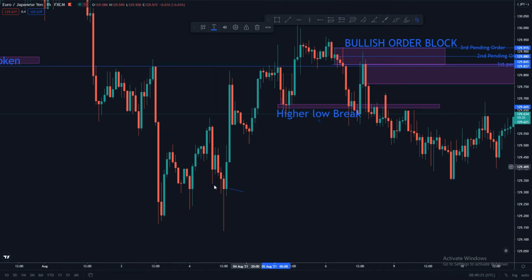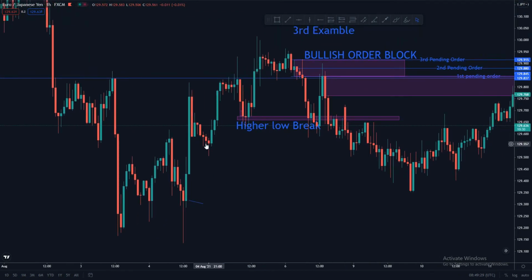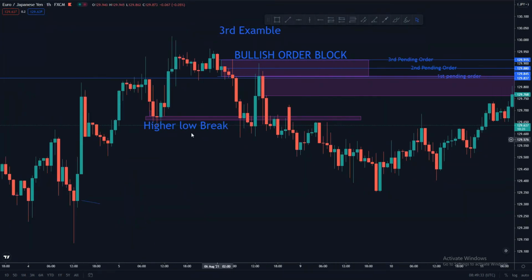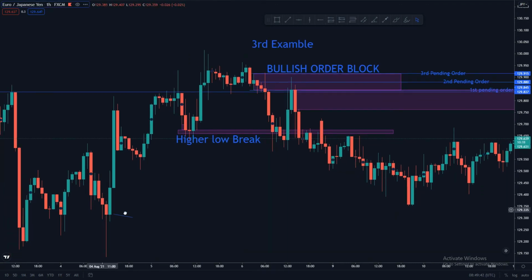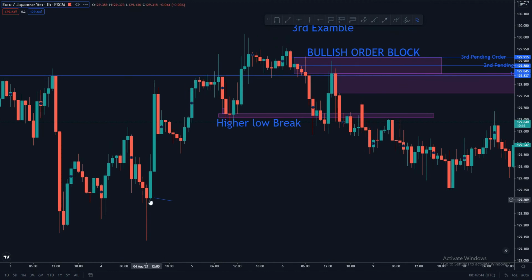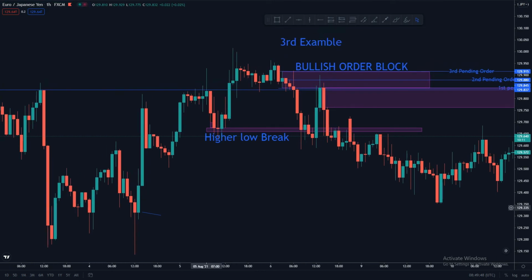And here again we are still waiting for this level to be broken for us to go down. As you can see here, nothing happened. This one did not break, this one did not break, this is not a break. Now we can see this level here.